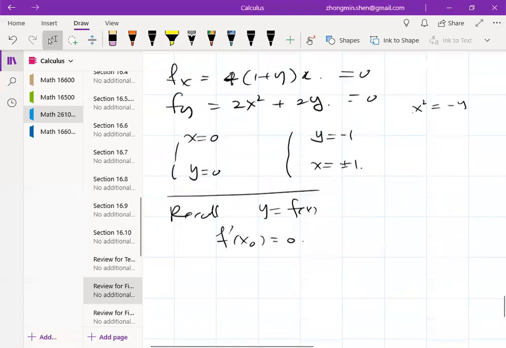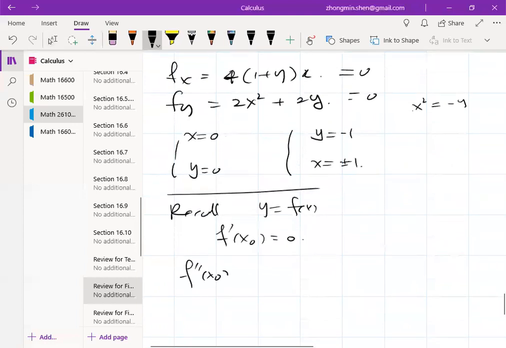And then you remember if this is positive, local minimum; negative, local maximum. So don't confuse. Positive means positive, because it looks like a parabola. If you forgot the relation between the sign and the local behavior of the function, just look at y equals x squared.